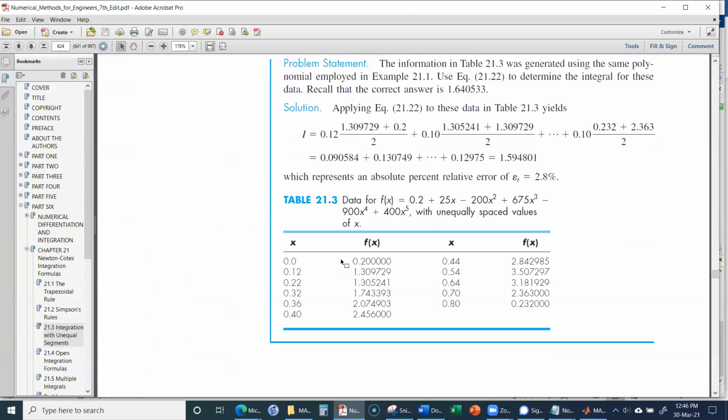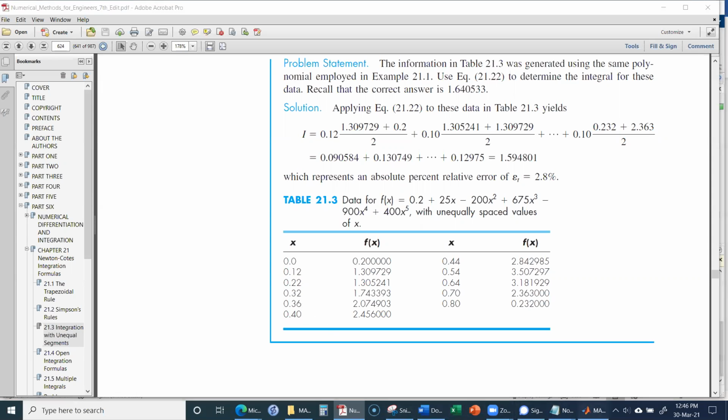Suppose we have this data: 0, 0.12, 0.22, 0.32, 0.36. You can see that the spacing between the data is unequal. The spacing is 0.12 here, 0.1 here, 0.1 here, but here it is 0.04. So it is an unequal spacing.